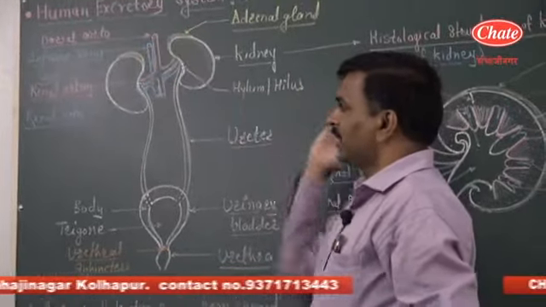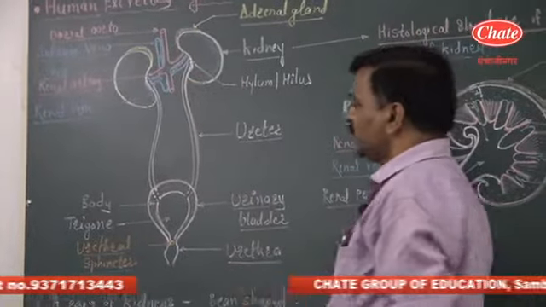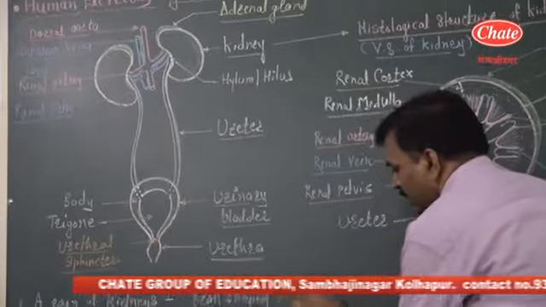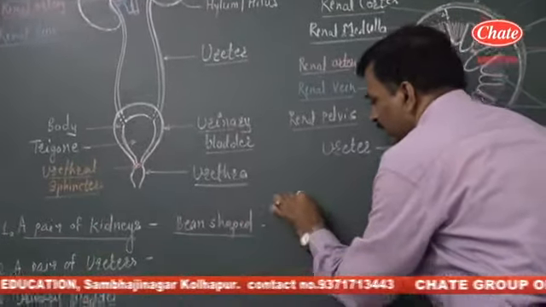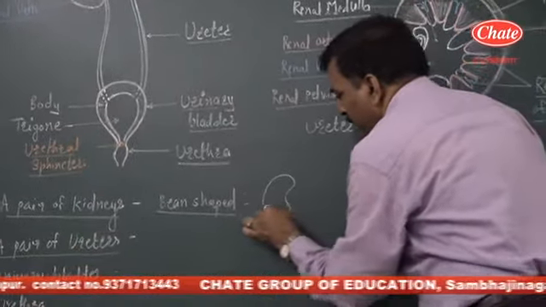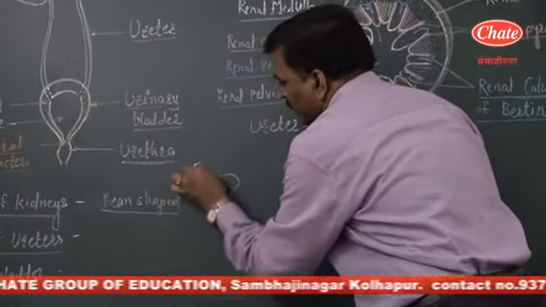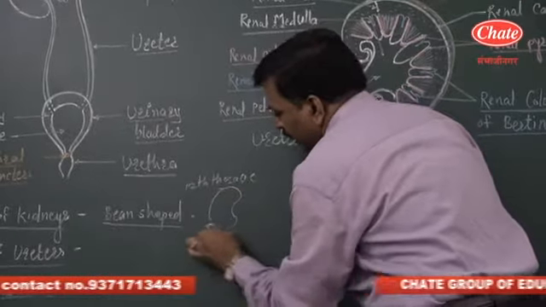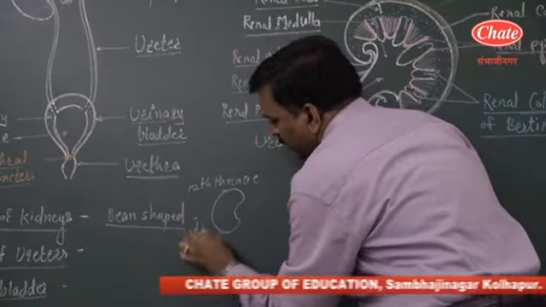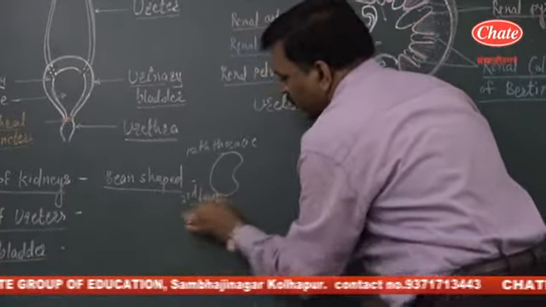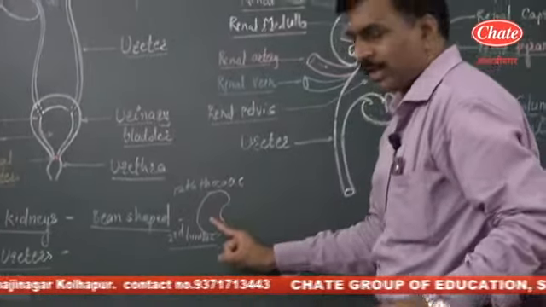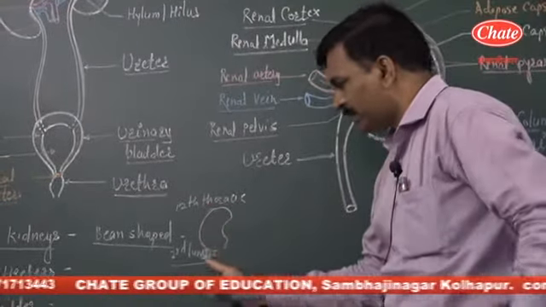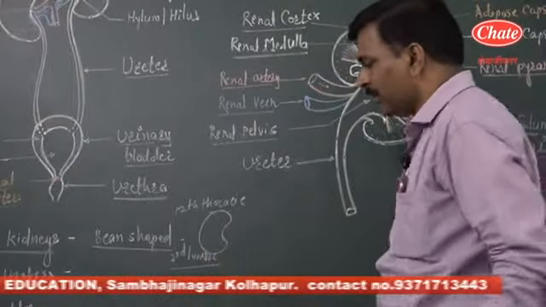The exact position is at the dorsolateral side, between the 12th thoracic vertebra and the third lumbar vertebra.